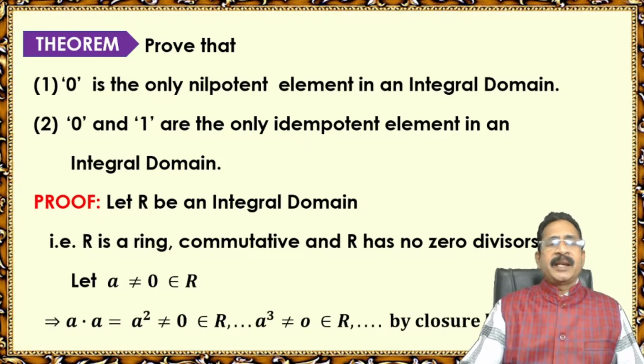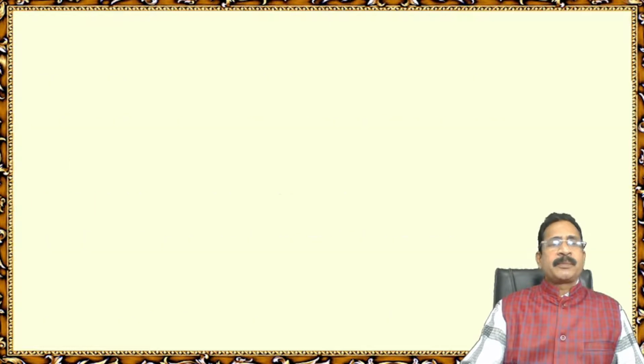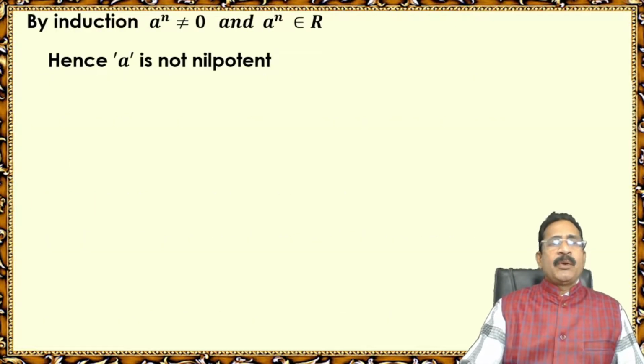Take a non-zero element a in R. By closure law, a into a, that is a square, is also a non-zero element in R, and a cube is a non-zero element of R, and so on. By induction, we can say that a power of n is not equal to 0, where a power n is in R. Hence, a is not a nilpotent element.